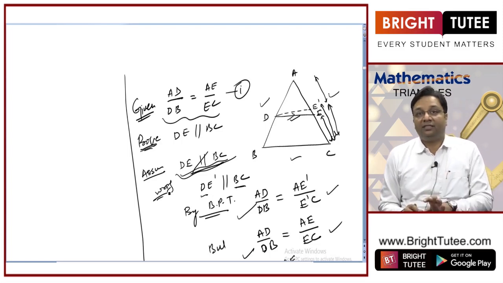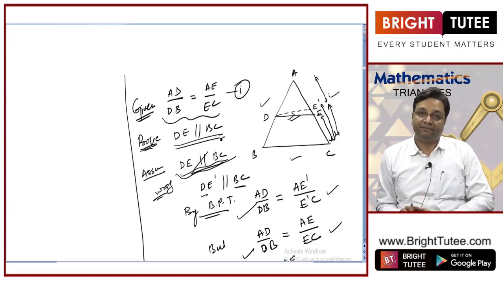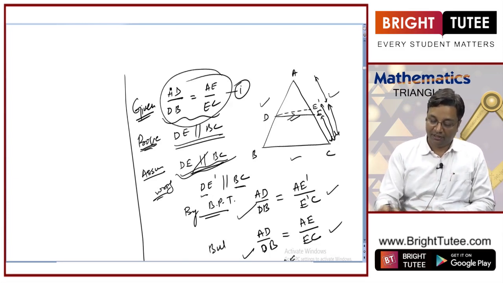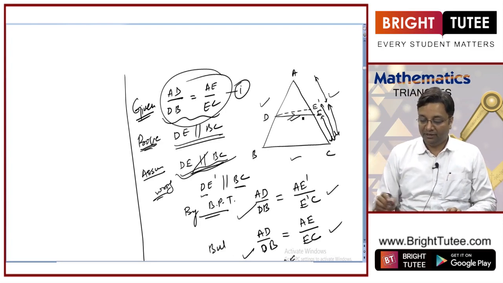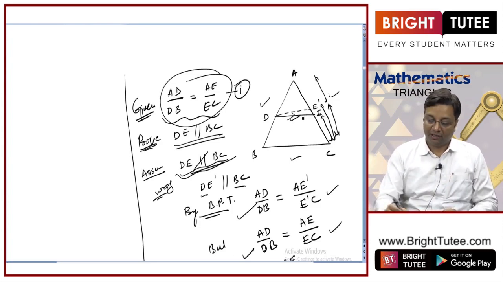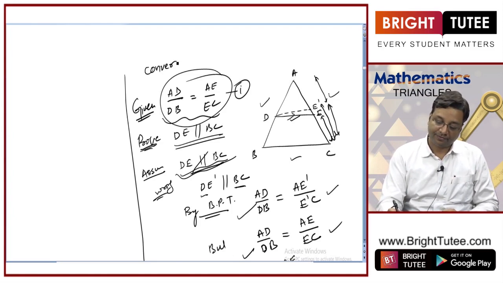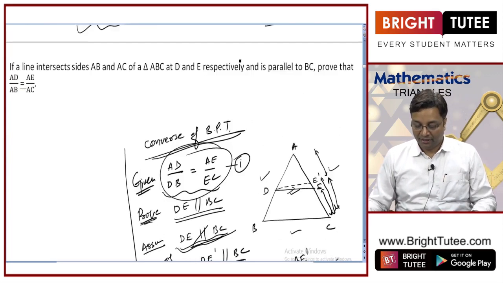So by contradiction we can say DE is parallel to BC. Okay. So this was given this time, the ratio, and we proved that this line will be parallel to the third side. So this is the converse of BPT, converse of basic proportionality theorem, right?